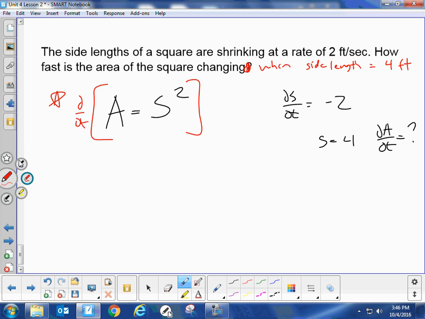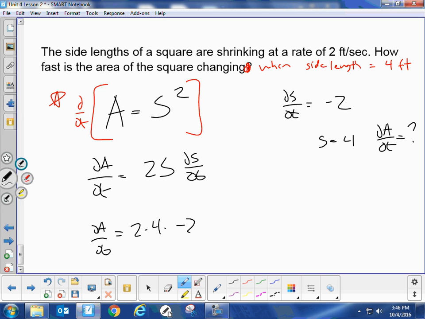You need to get dA/dt, so you take the derivative of that formula. You plug in your information. Negative 16. This is area, so this would be square feet per second.